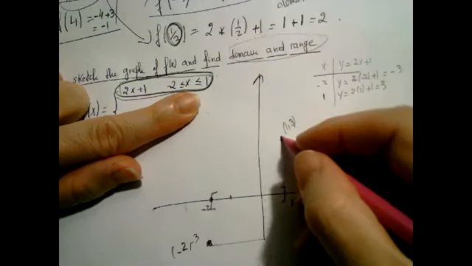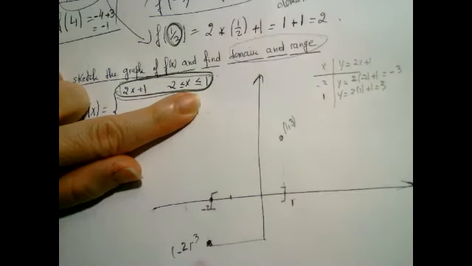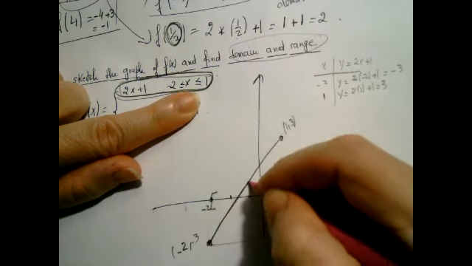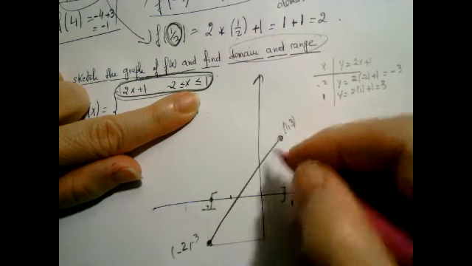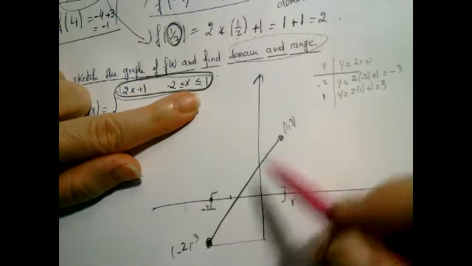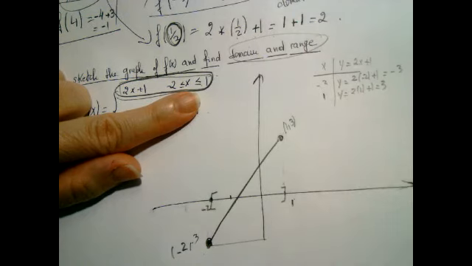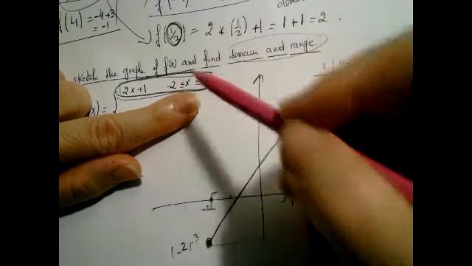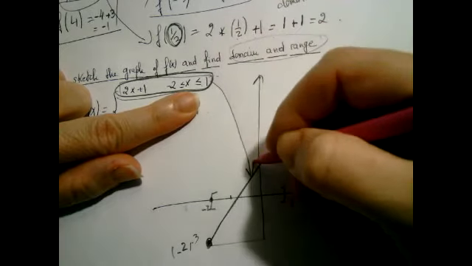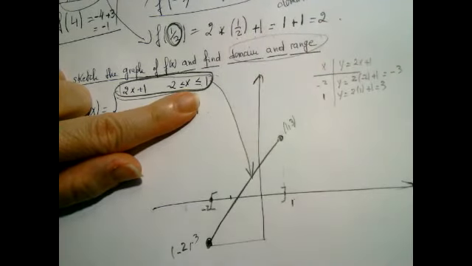Because I have equality, this is going to be closed at both ends. So between -2 and 1, I have this piece of the graph, only a piece. I don't have the whole thing yet.